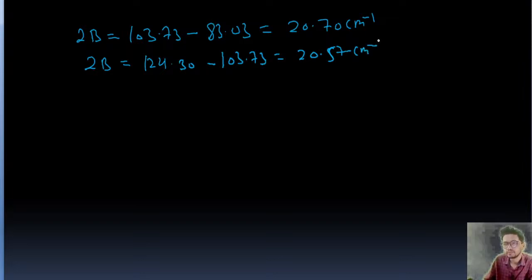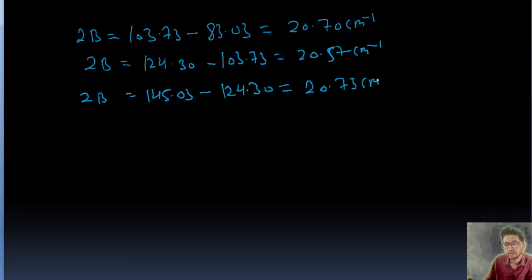Next, 2B is going to be 145.03 minus 124.30, and that value is 20.73 centimeter inverse.